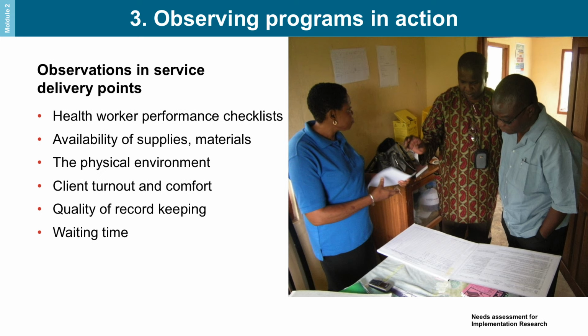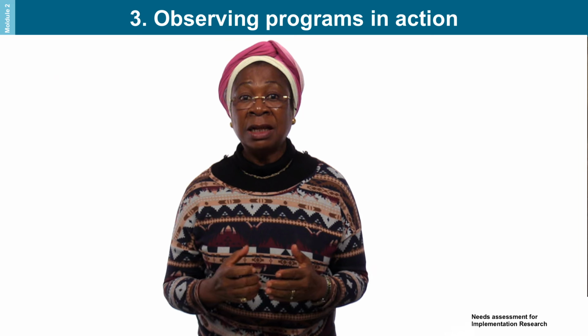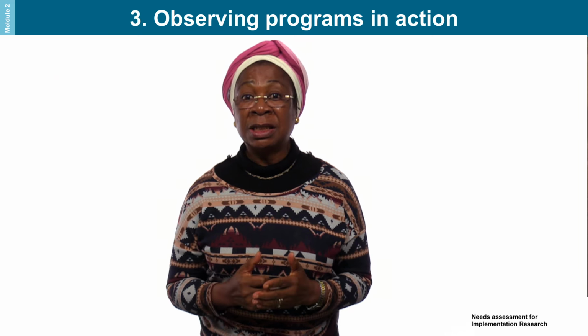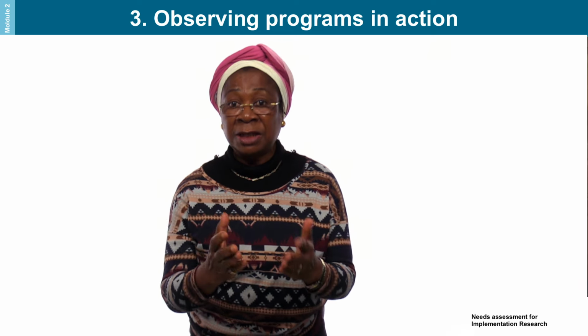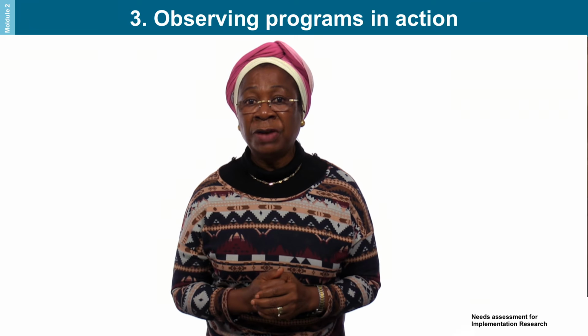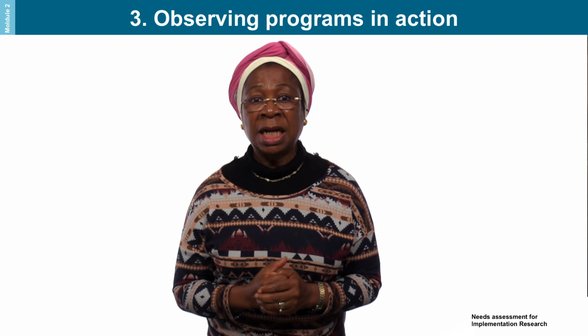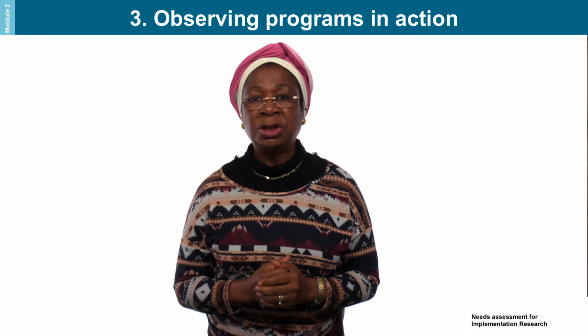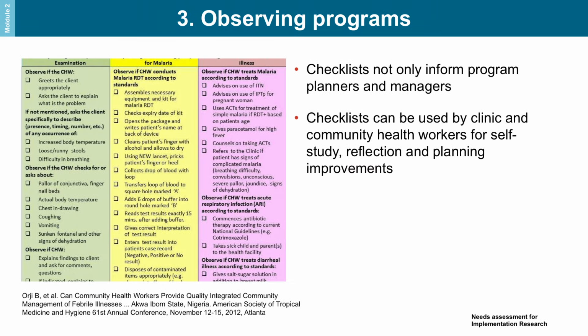These are all important. In a 10-country study, end users of health facilities, in particular women attending health clinics, reported that attitude of health staff and waiting time were their major concerns. Checklists can be used by clinics and community health workers for self-study, reflection, and planning improvements. So observing programs is important.